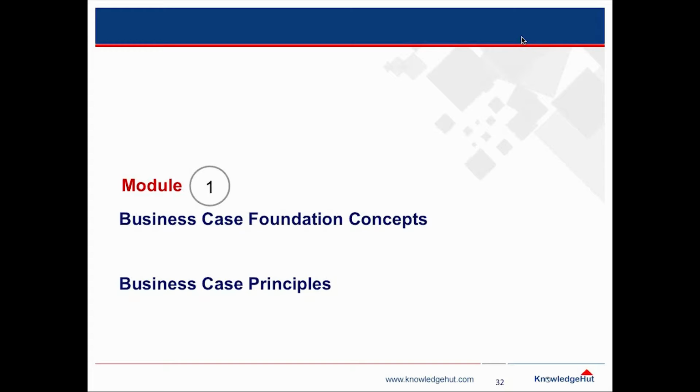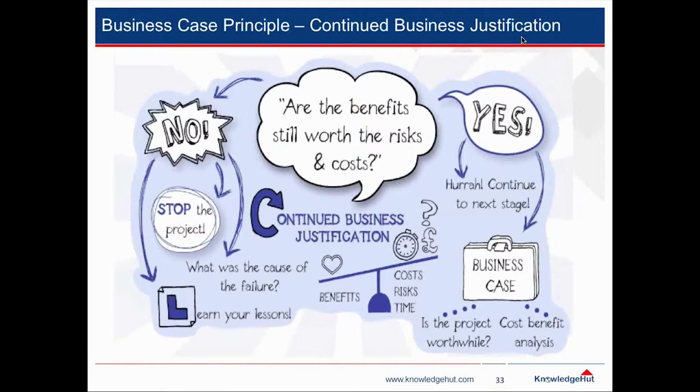So let's look at some principles here. The first one is about asking questions around the benefits and the risks and how they relate to each other from start to finish.